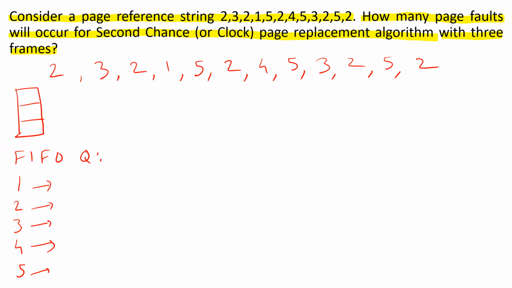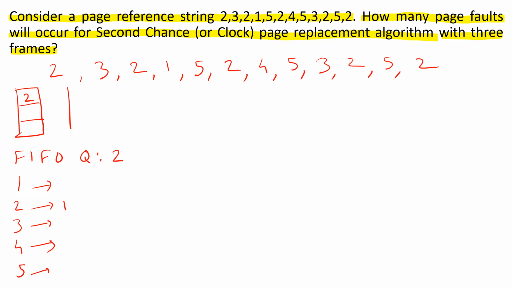Okay, so whenever a page is referred, we will make the reference bit 1 for that page. We want page number 2, it's not there, so there is a page fault, so we bring that page into main memory. We insert that page onto the queue, and the reference bit of that page is set to 1 as we have referred to that page.